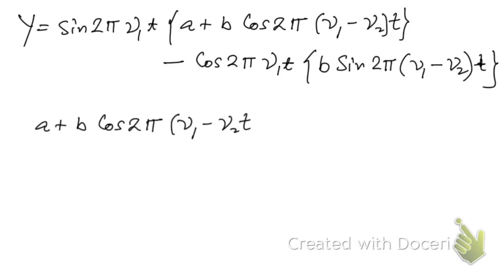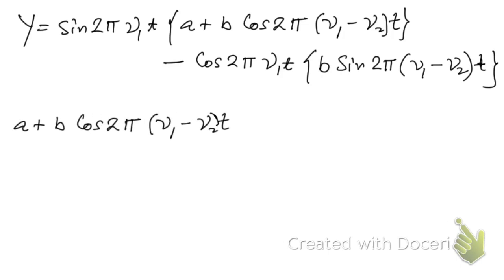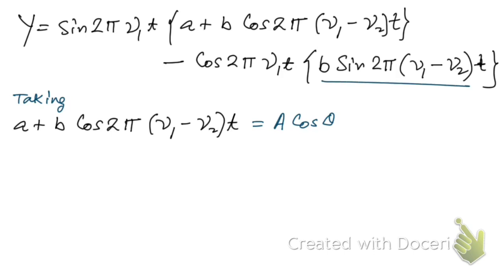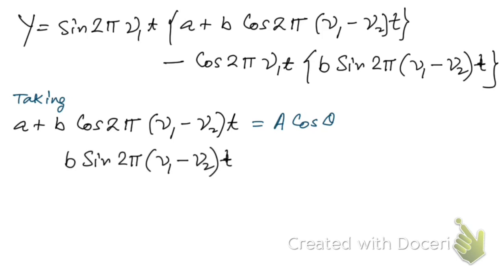Now here you see, we're going to take this one as a cos theta, then this part, we're going to take this as a sin theta. So here we have considered that this capital A is the resultant amplitude, the amplitude of the resultant wave.